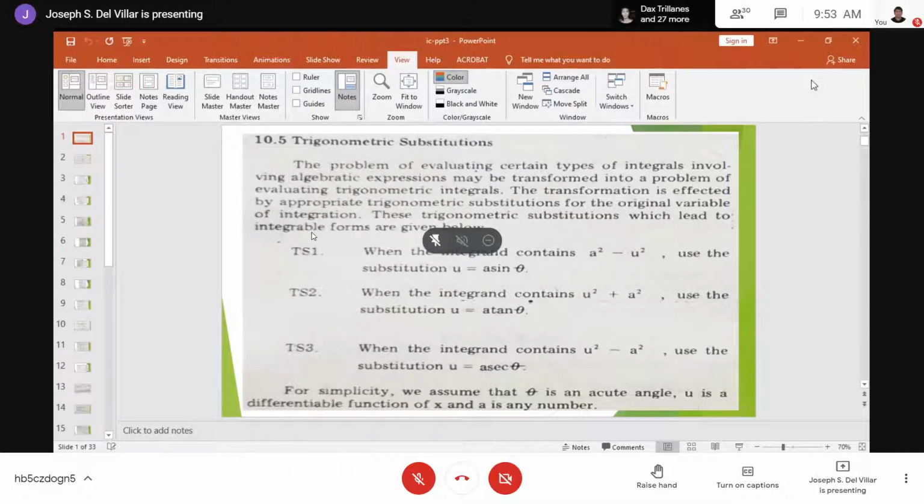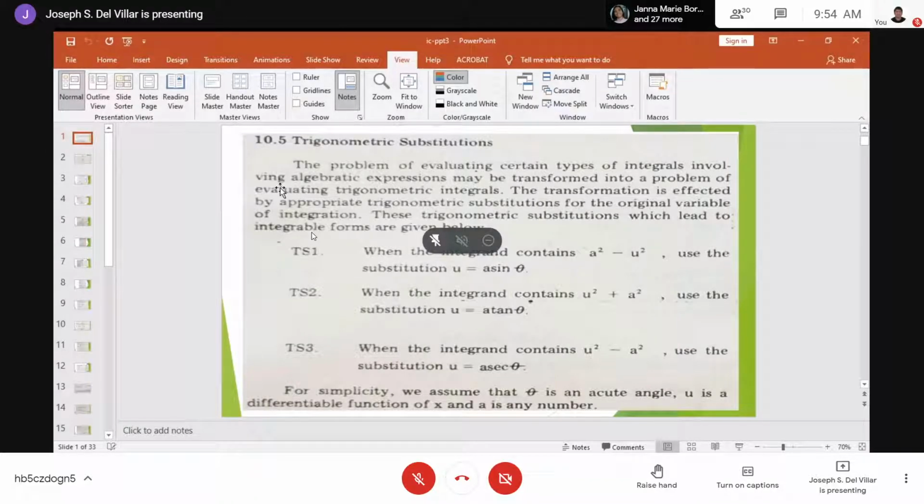And case number three, when the integrand contains u squared minus a squared. The substitution is letting the variable u be equal to a, which is the constant, times secant theta. Okay? Now, take a look at case number three and case number one.